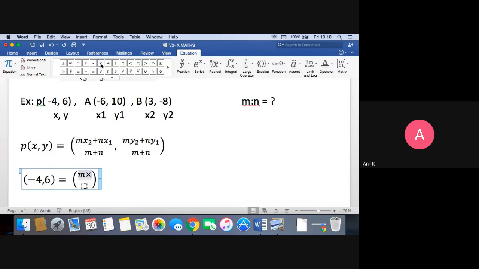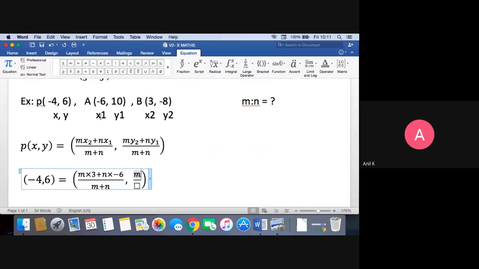So m will remain as it is. M into x2 value, which is 3, plus n into x1 value, which is -6. N into -6, upon m plus n, comma. Next is m into y2.